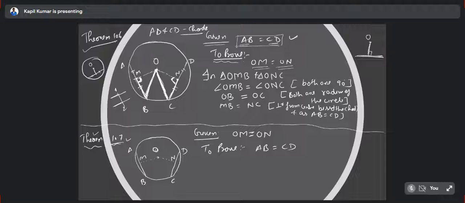Anyone can question that if it is not in any book, how can you write 10.3 only? Actually we should write the statement, writing the theorem number is not enough. In a very short way you can just write that it is perpendicular bisecting the chord, and it is given that AB is equal to CD.